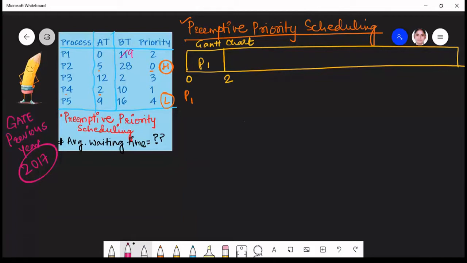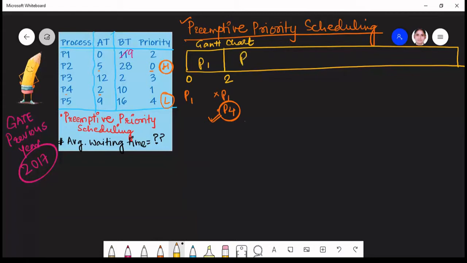Now who has arrived in the system? P1 was already there, but now P4 has also arrived, and out of P1 and P4, P4 has the higher priority, because its priority is 1, which is higher than P1's. So now P4 is going to preempt P1 and take the CPU.